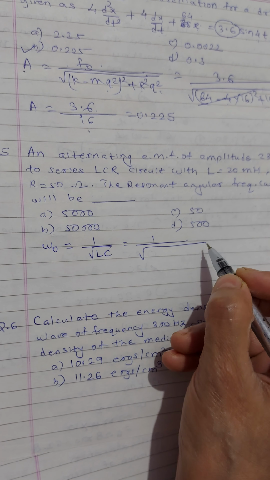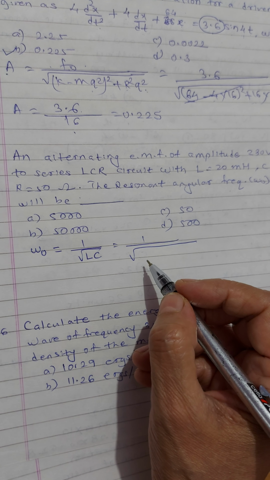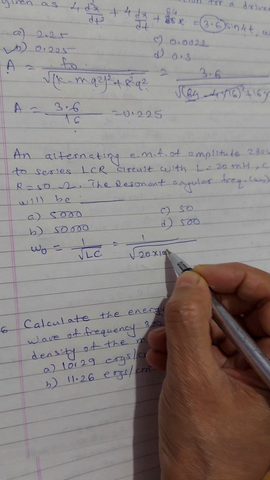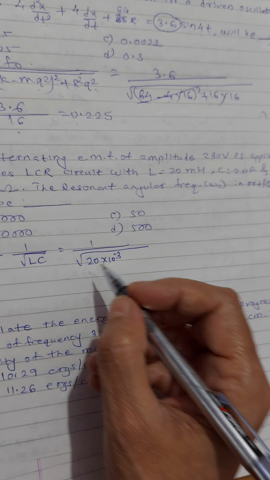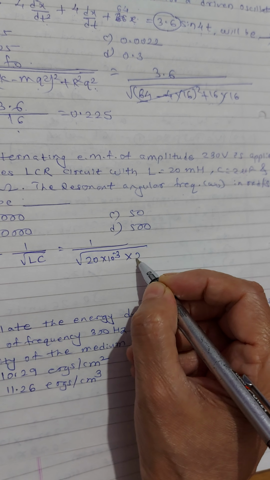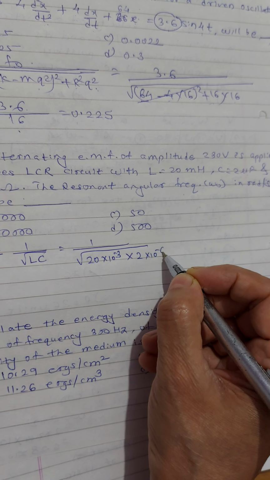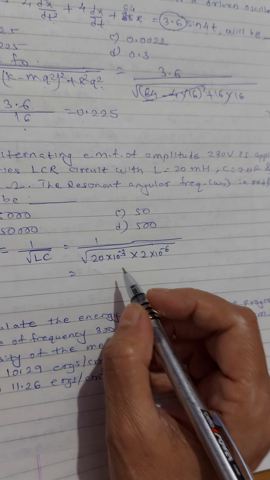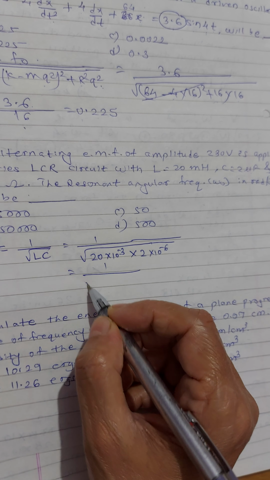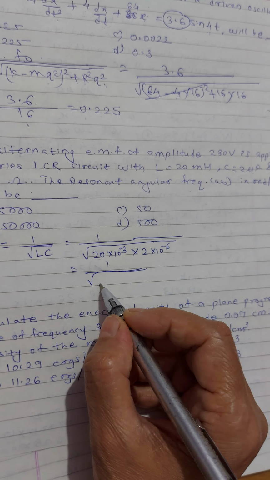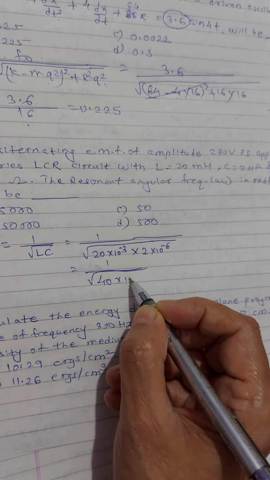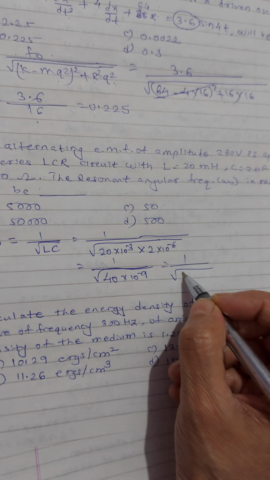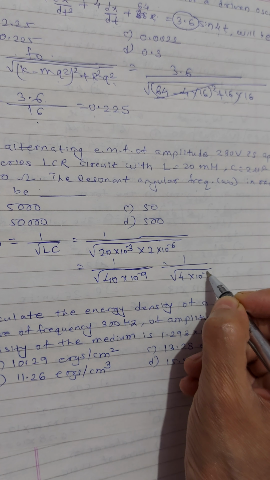So how much is L? We said it's 20 millihenry. So 20 into 10 to the power minus 3 henry multiplied by 2 into 10 to the power minus 6 farads. Correct? So if you simplify this, what should you get? This is nothing but 40 into 10 to the power minus 9, or we can say under root 4 into 10 to the power minus 8.